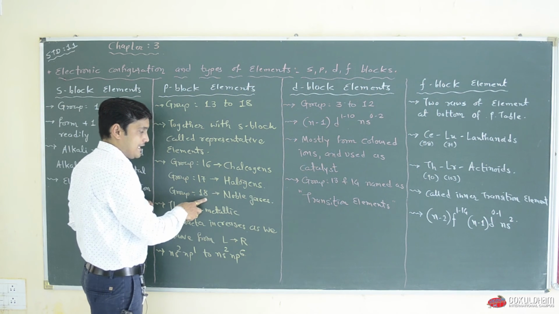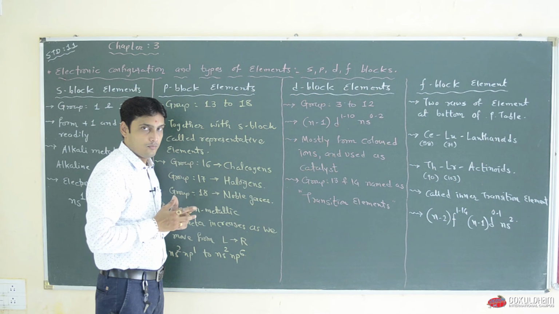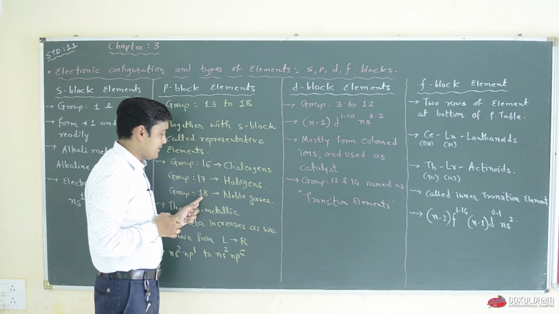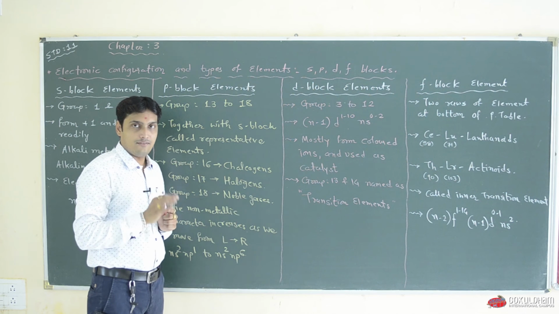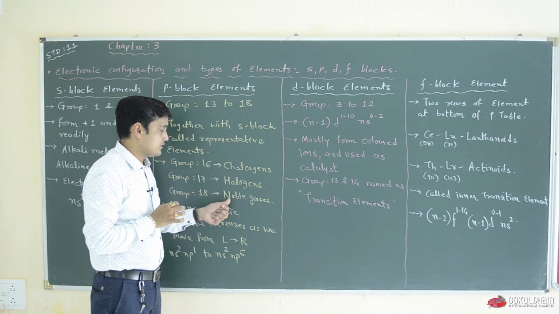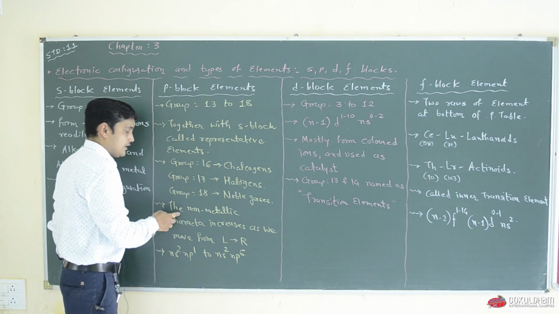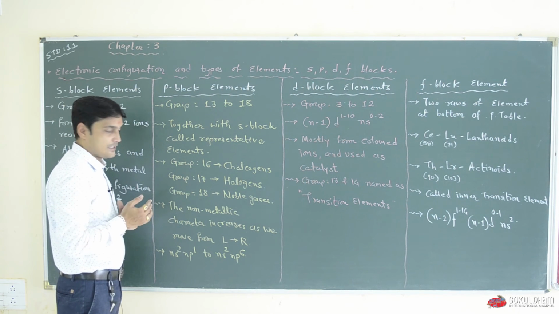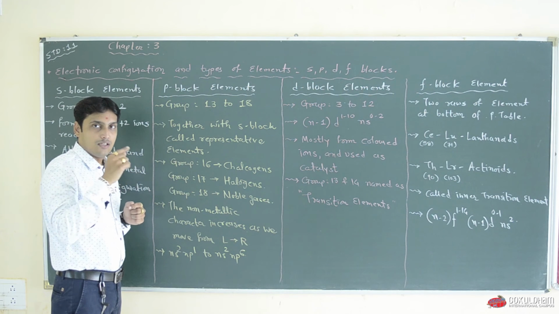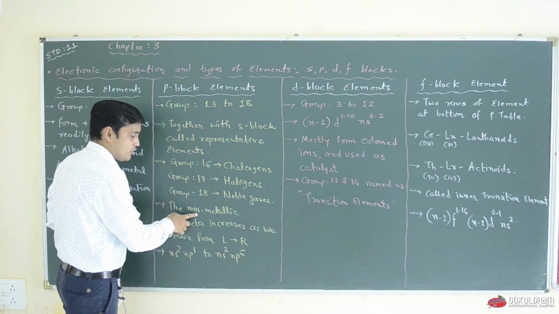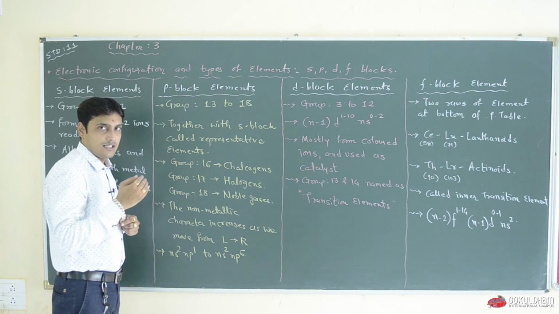Group number 18 elements are known as noble gases or the zero group, meaning these elements have zero valence shell electrons needed, so they are non-reactive gases. The non-metallic character increases as we move from left to right. Which character? Non-metallic character increases from left side to right side.